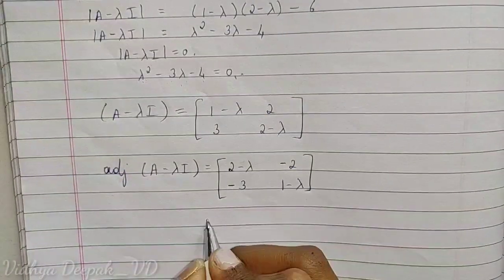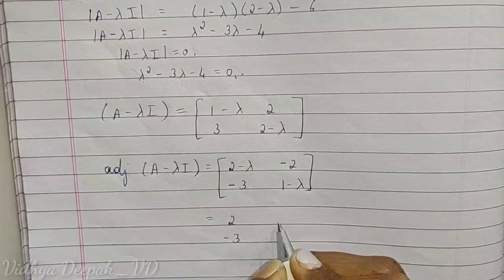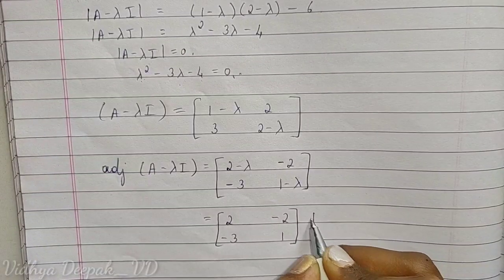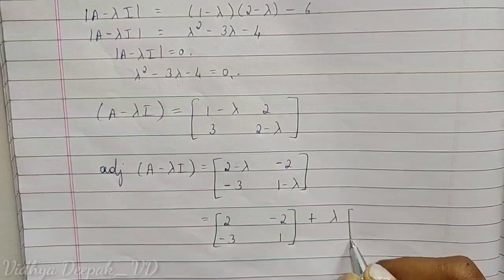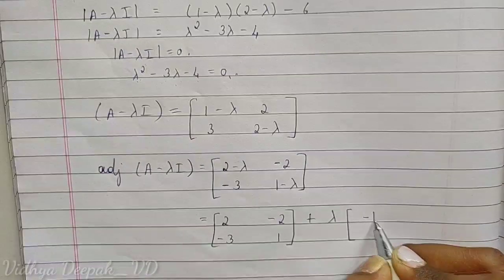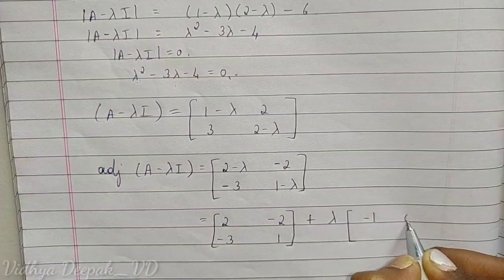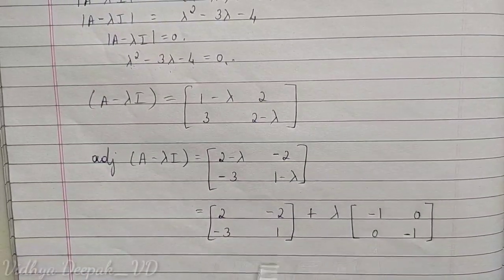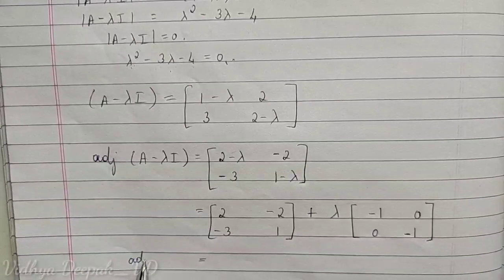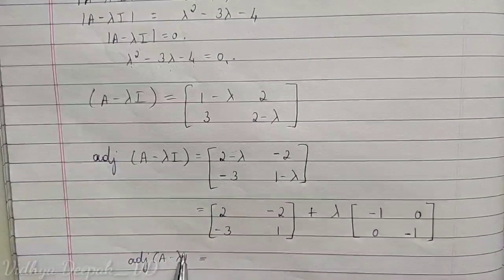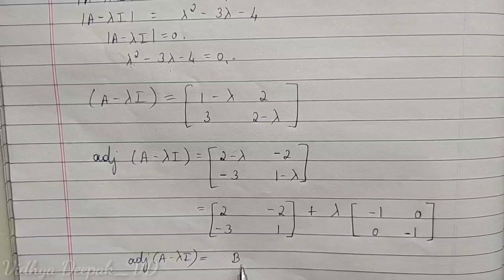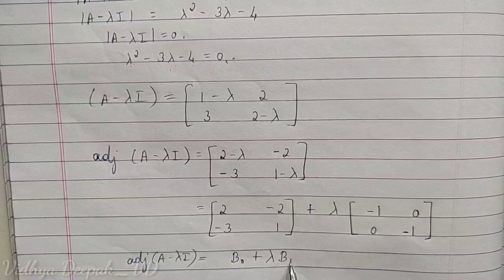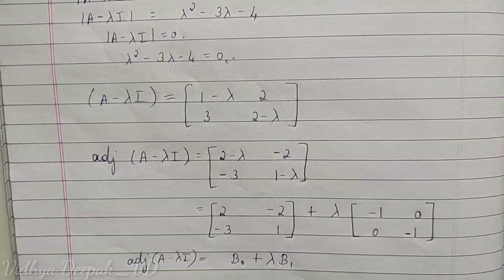So now can I write this as the matrix 2, minus 3, minus 2, 1 plus lambda into the matrix minus 1, 0, 0, 0? Right, I can write it this way. If I represent the first matrix as B naught plus lambda into the second matrix as B1, can I write it this way?